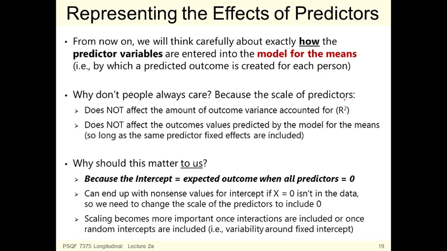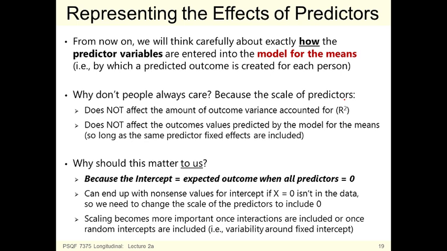In putting effects of the predictors in the model, though, I am all about the centering. This is sometimes not even taught. I tend to be much more gung-ho about this than other people because I live most of my life doing longitudinal data analyses.